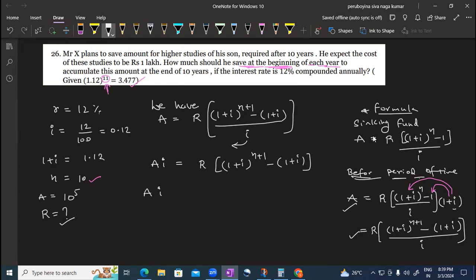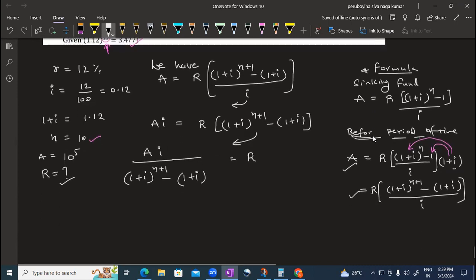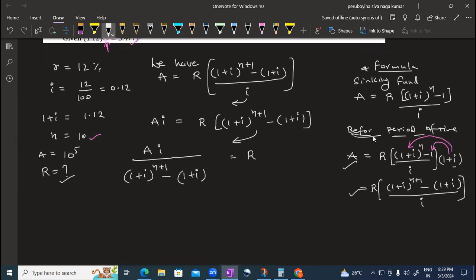So AI divided by 1 plus I whole power n plus 1, because this value is in multiplication, if you move it to this side, it will be in the denominator, minus of 1 plus I is equal to R. Now this is the required formula for getting the value R.